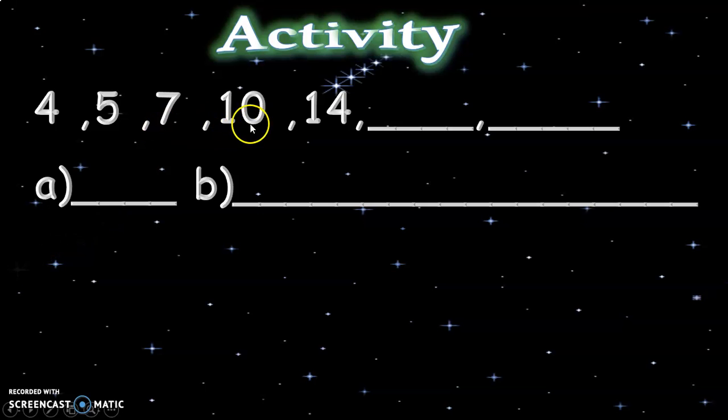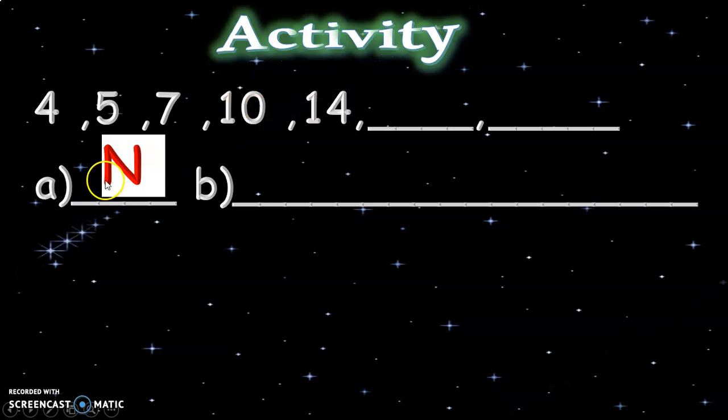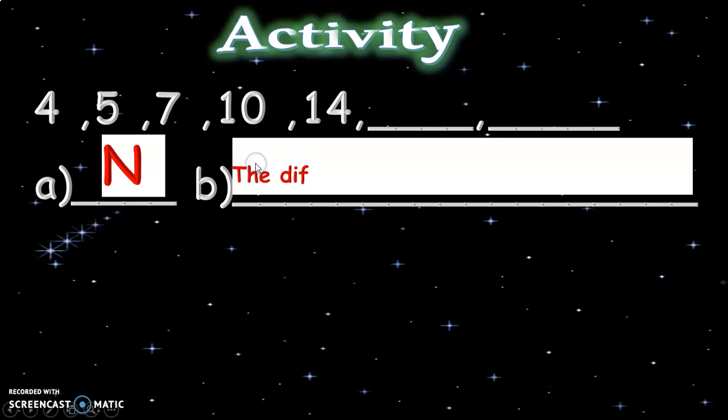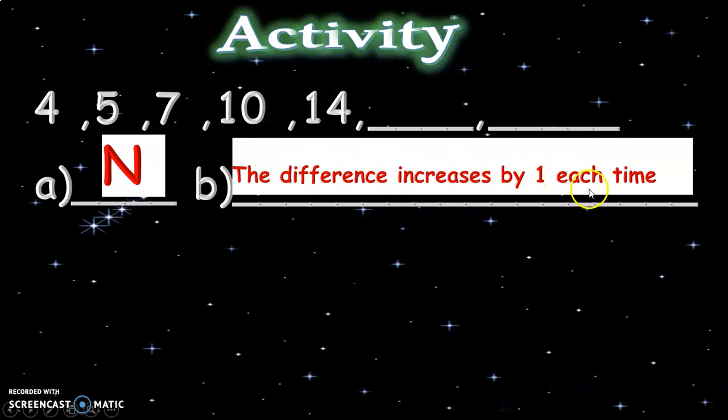So from the first four terms, they don't have common differences. So we can say this is neither. Why? Because in the term-to-term rule, the difference increases by 1 each time. Again, I repeat, 4 and 5, the difference is 1. Going to the next term, 5 and 7, the difference is 2. As you see, 1, 2, 3, and then 4.